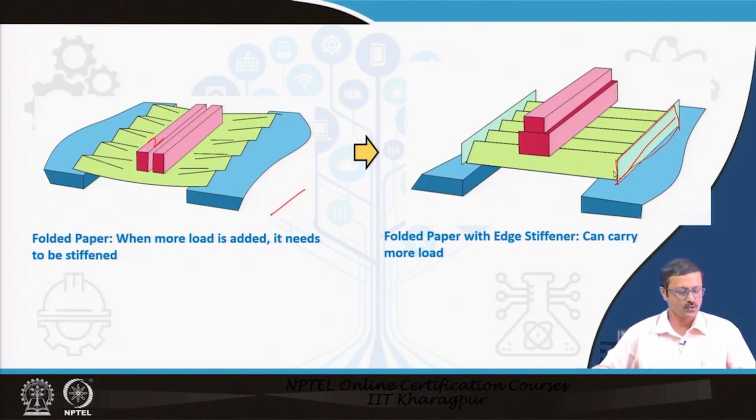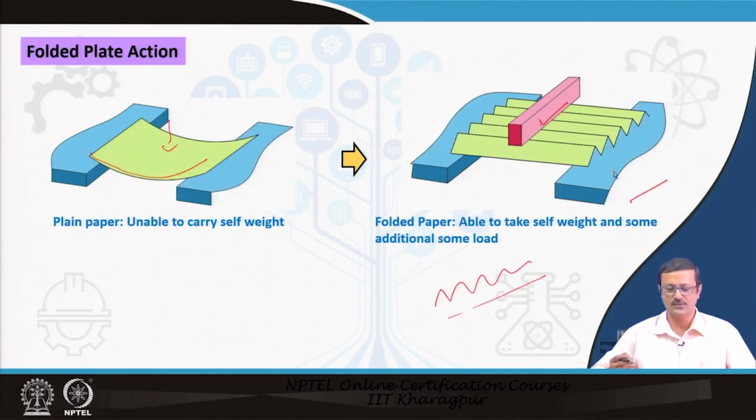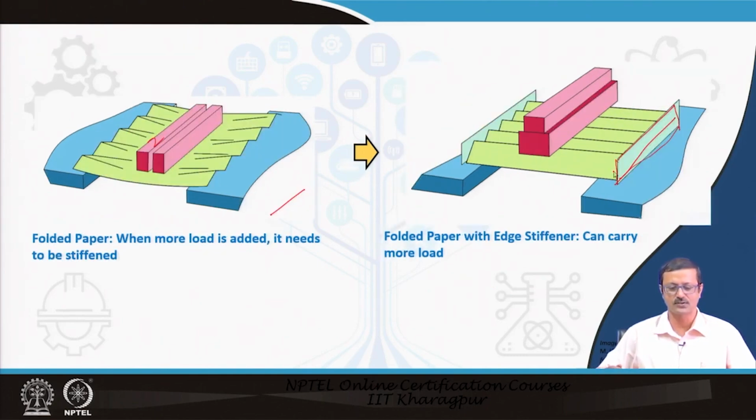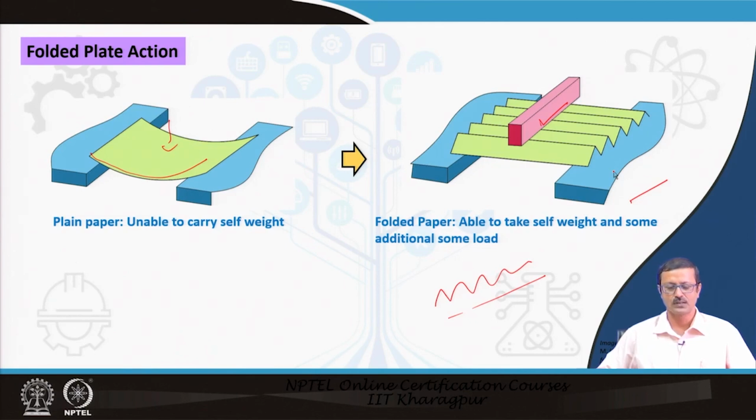So, basically if you go through these four photographs or sketches, you will see that the same material, maybe the same length, having the same span, can take better load if it is folded.